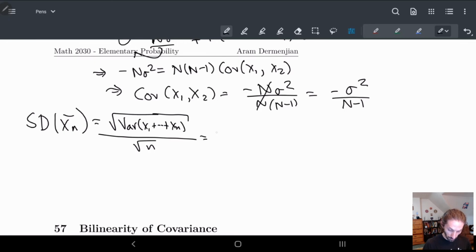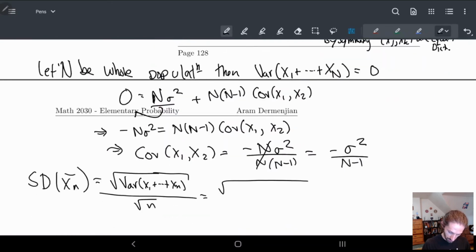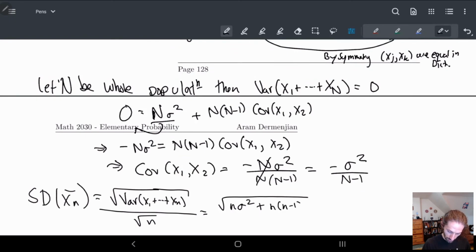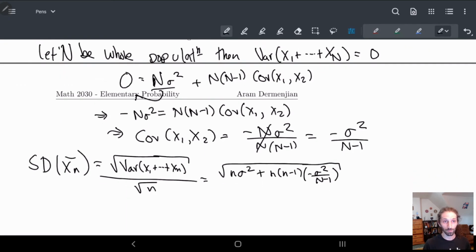This variance from above, well, what did we say this is equal to? This is equal to N sigma squared plus N times N minus 1 times this covariance. And this covariance we just said is equal to minus sigma squared over N minus 1. So this is definitely a little complicated as an example, but it'll show you the kind of cool things here.